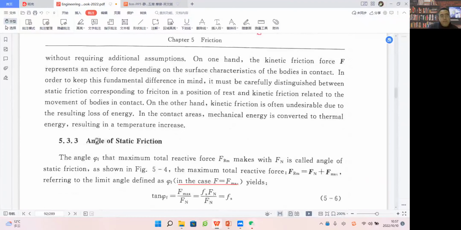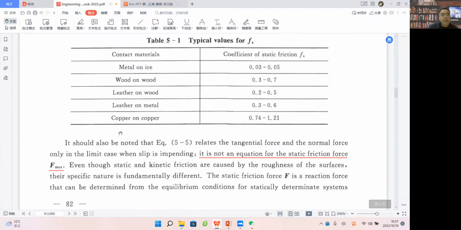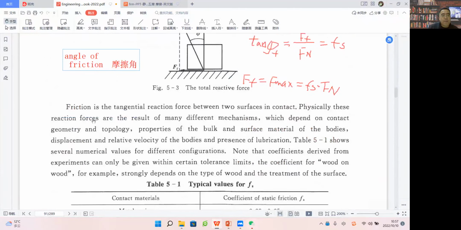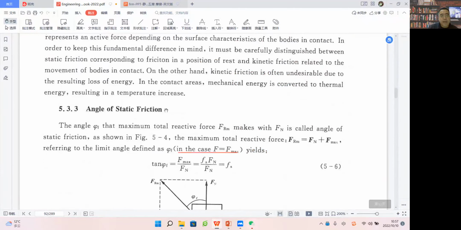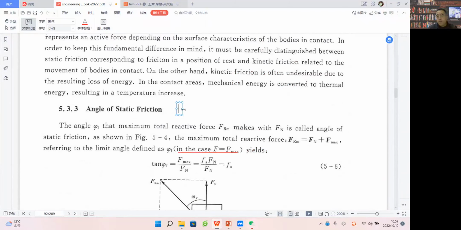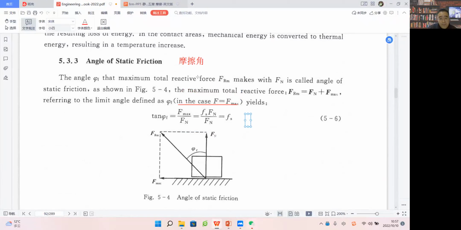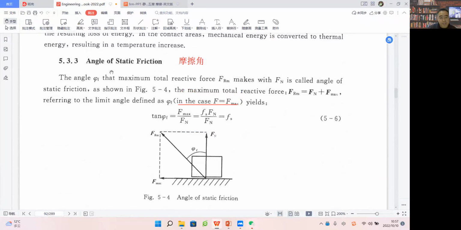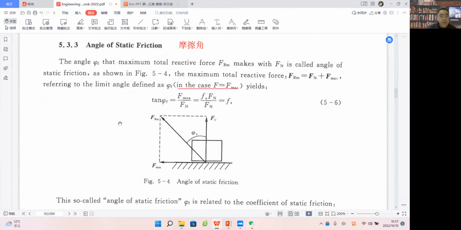After we have this, it tells us the angle of friction. Actually, this is the angle of static friction, also meaning 摩擦角, right? Actually, I have finished the introduction of this angle of static friction, so maybe I can repeat that, which can help you guys understand more.